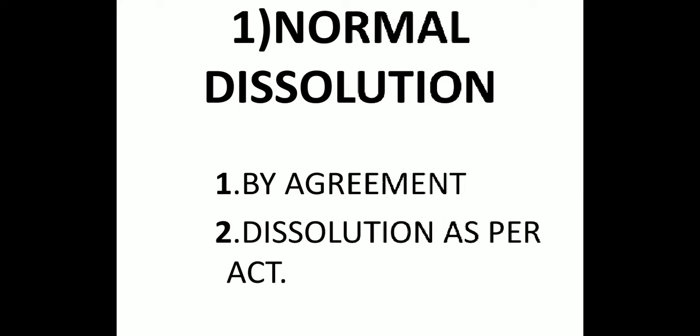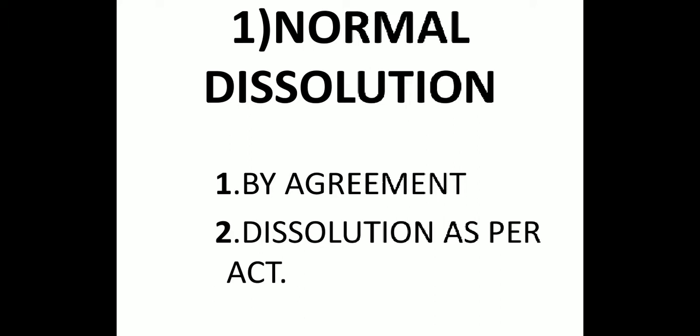This is a very common word, and if you don't know its meaning, please Google it. When partners become insolvent, that is financially incapable, in simple words, still you should Google it for a better understanding. Or, except one, everyone becomes insolvent. In such a case, the dissolution takes place.